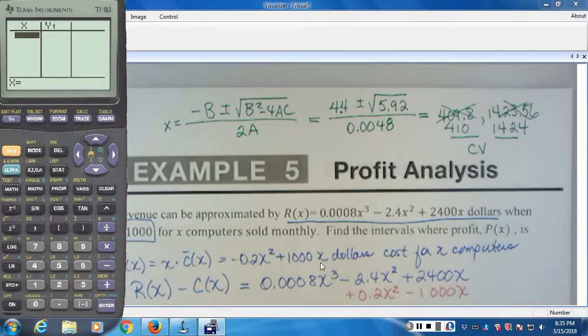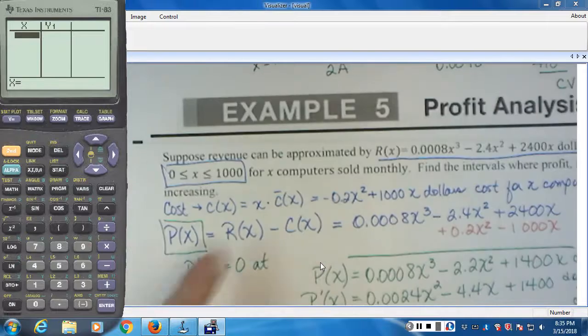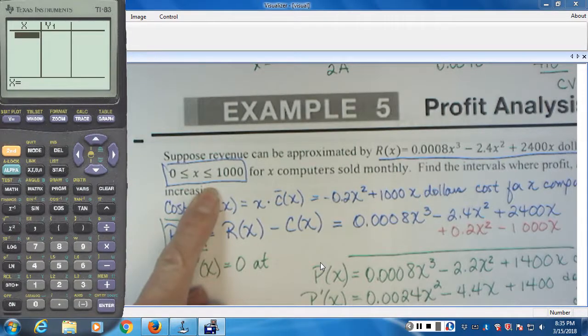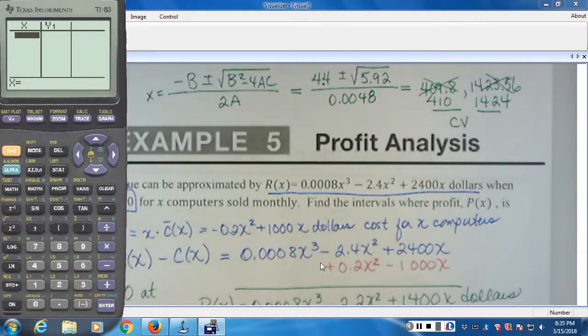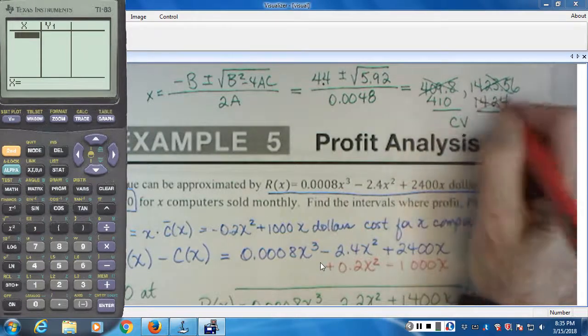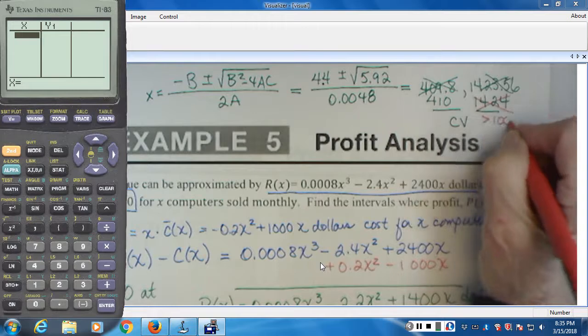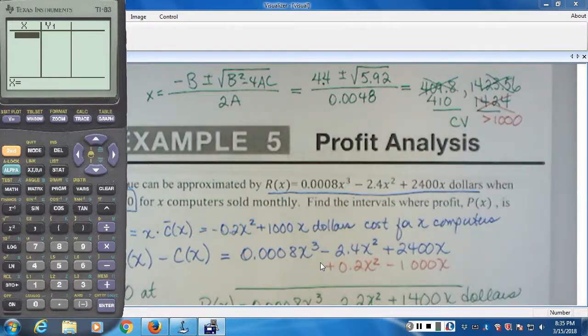Because remember it says down here, x can only go to 1,000. So we really can't use the top critical value because it's greater than 1,000. It's not in the domain of the function at all. That actually is where our cost becomes negative, and that's not realistic.